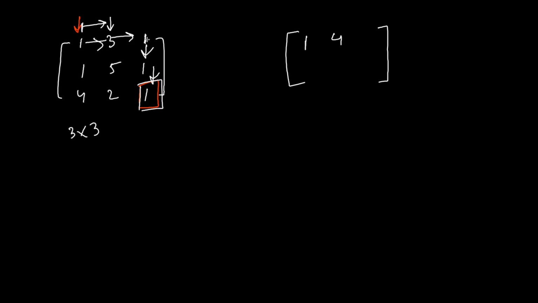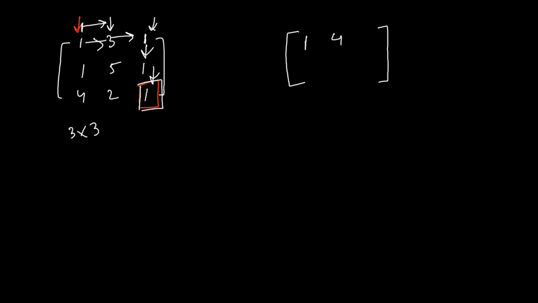Now the pointer is here, and we have to find the minimum path sum to reach this point. So we know in dynamic programming we have a solution to the smaller problems, and we use that solution to find the bigger problem.